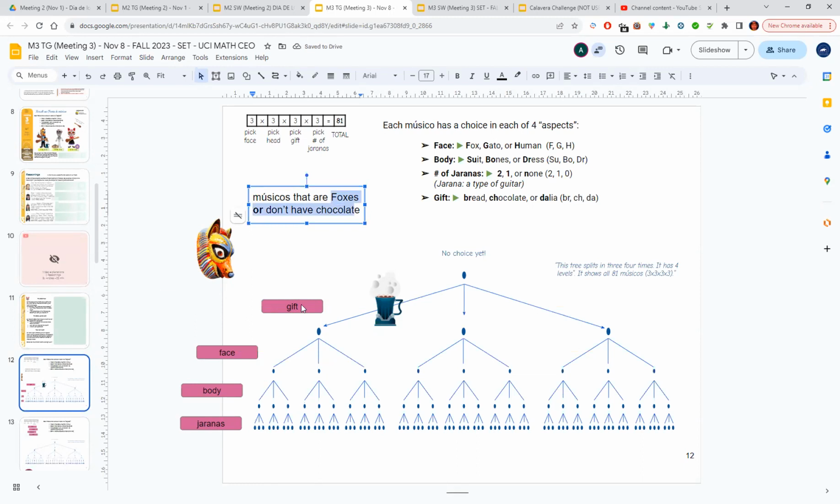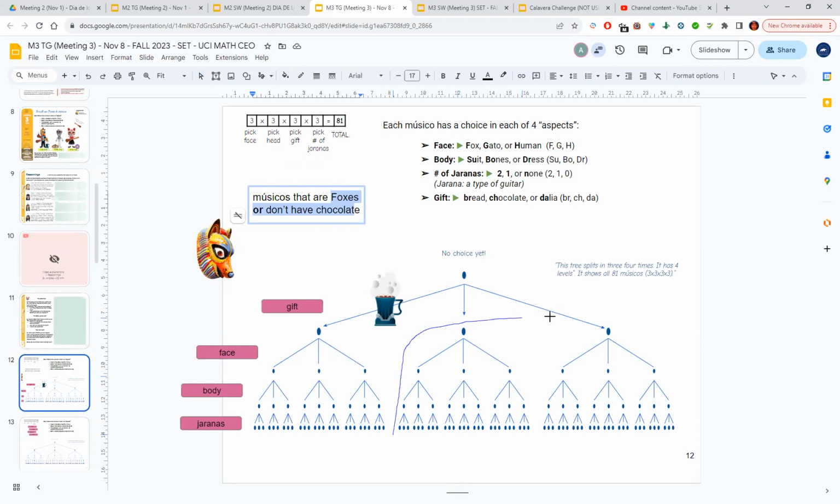What you talk about, you put it in the first choices, because that way you separate less your final options. So the músicos that don't have chocolate, let's try to locate those. So let's draw a region.